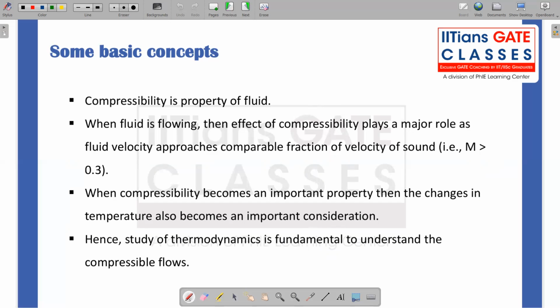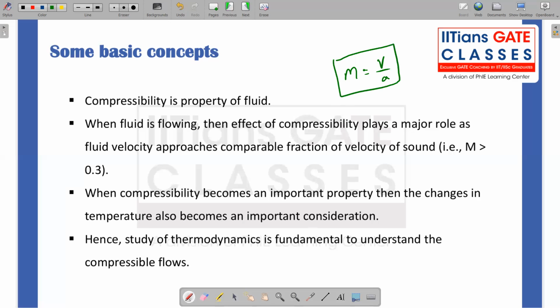As I said earlier, when the fluid is flowing, the effect of compressibility plays a major role as the fluid velocity approaches a comparable fraction of the velocity of sound. The Mach number is a non-dimensional number defined as the local velocity of the fluid to the local velocity of sound.